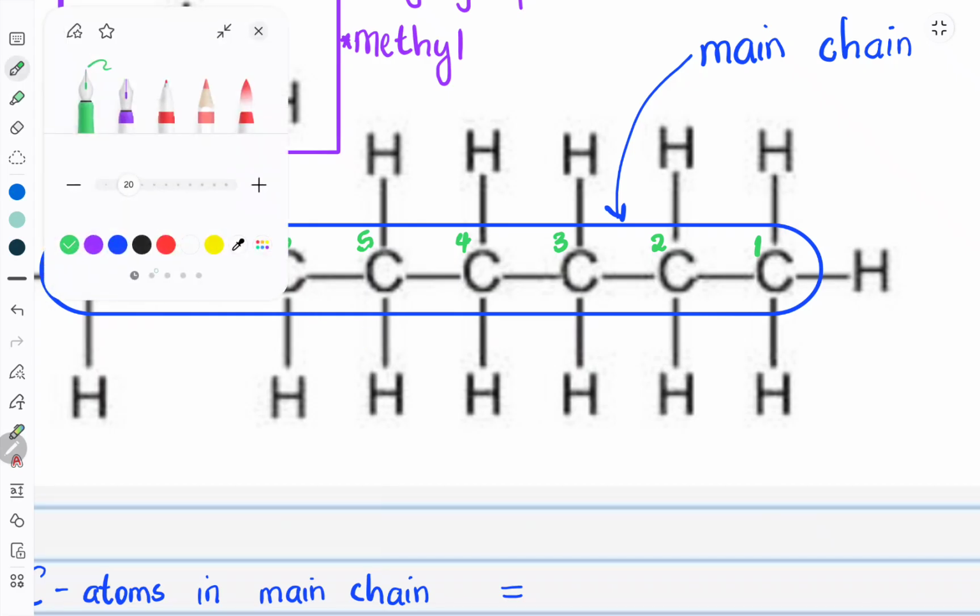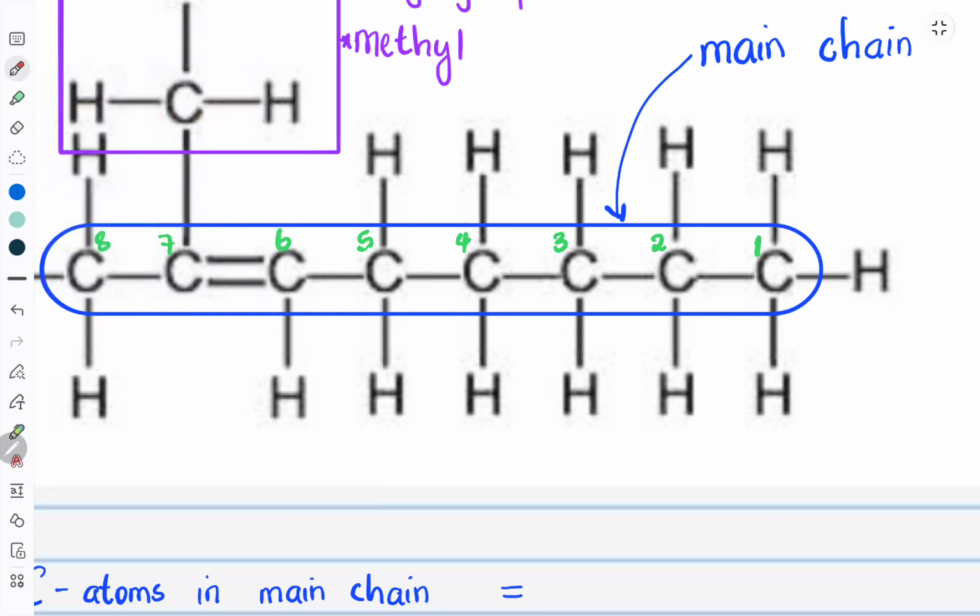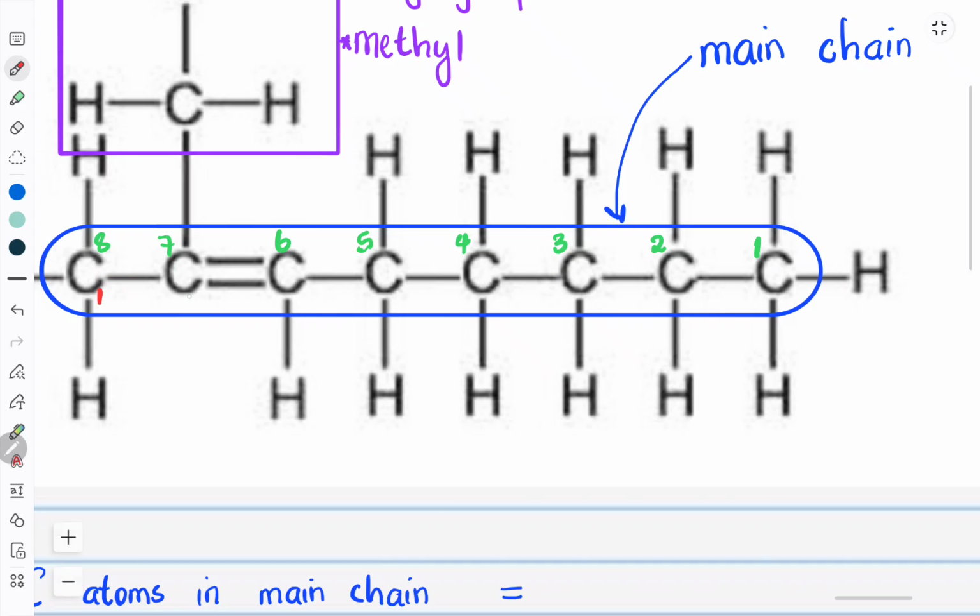On the other hand, if I number from left to right, I get 1, 2, 3, 4, 5, 6, 7, 8.